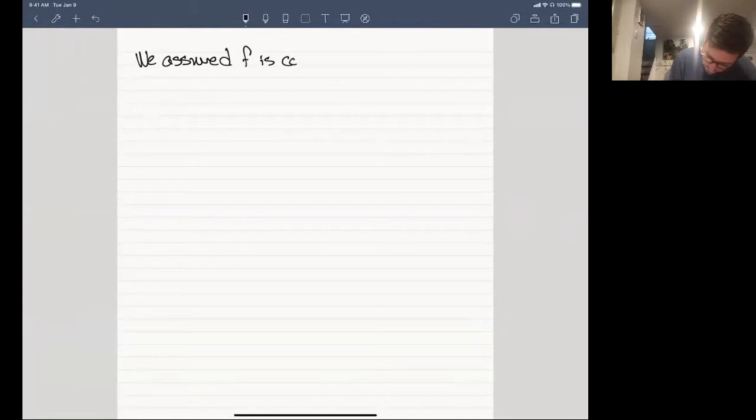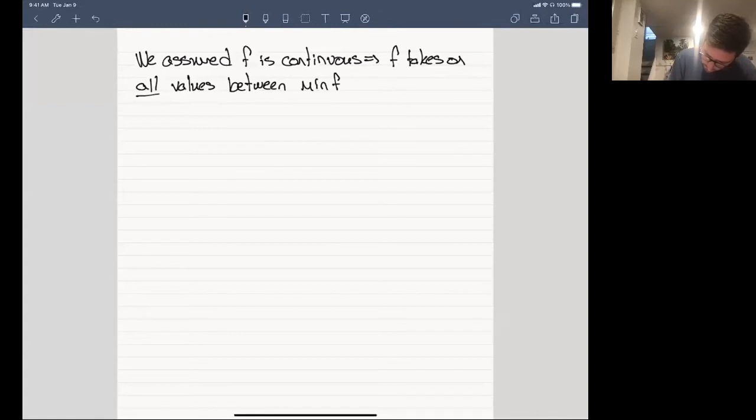But we assumed f is continuous, which means that f takes on all values between the minimum of f and the maximum of f.